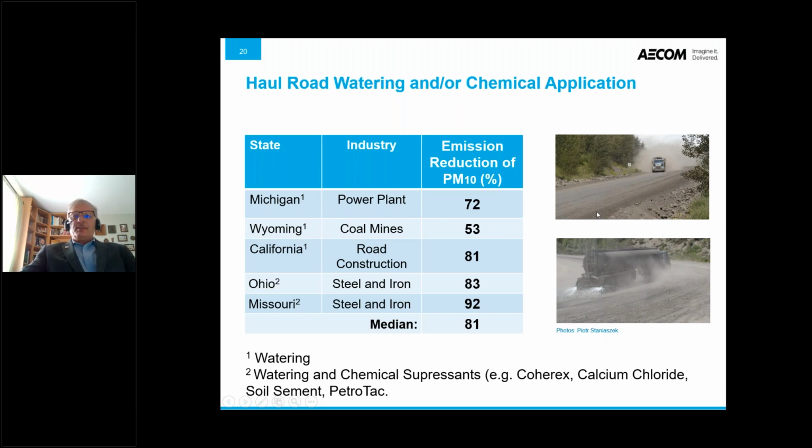There's one photo which shows the untreated road, and there is a water truck. I thought a water truck doesn't emit that much dust, but I changed my opinion when I took this photo on the haul road in the mine.